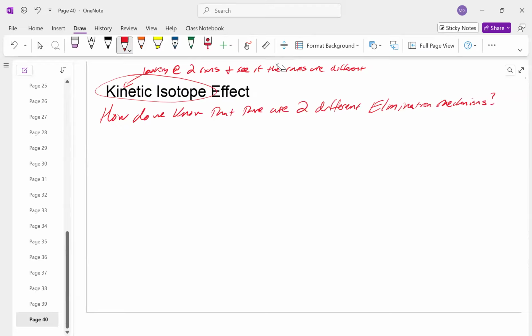So recall from general chemistry, hydrogen exists as protons, 1H, most of them, but there are a small percentage of hydrogens that exist as deuterium, or 2H. And so what scientists do is they perform two similar reactions, but instead of pulling off a regular hydrogen, they'll use the same substrate, but all of the hydrogens are deuterium.